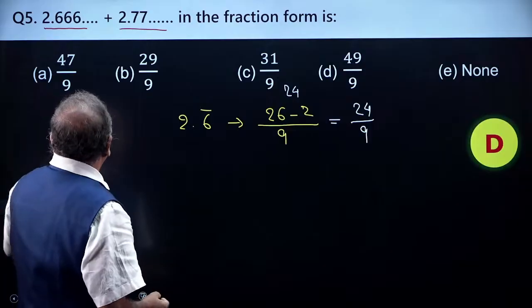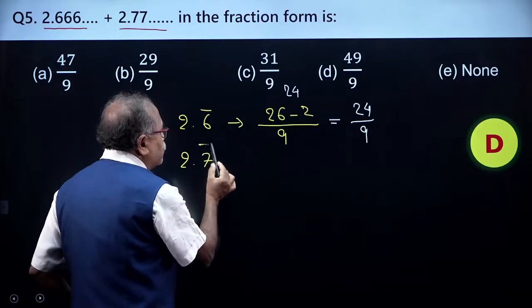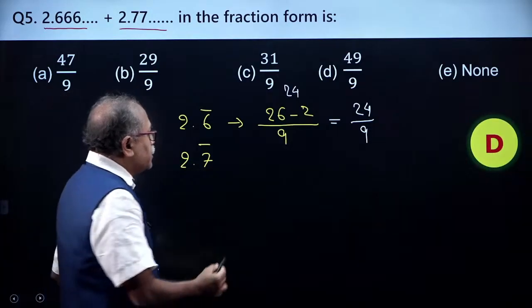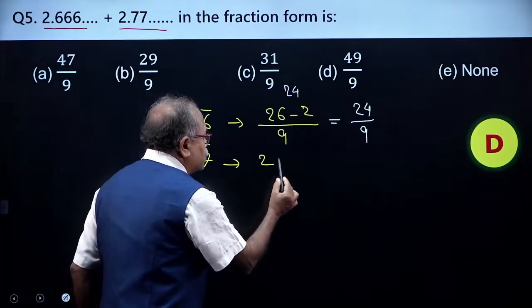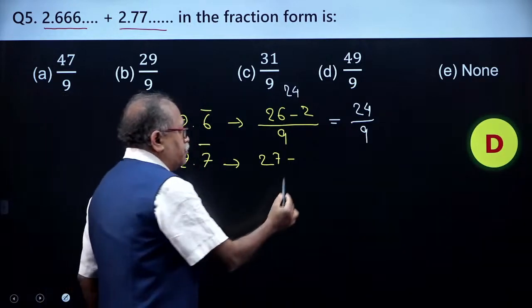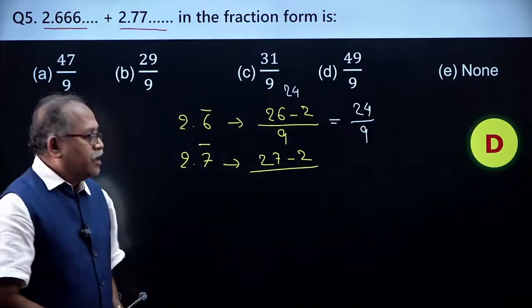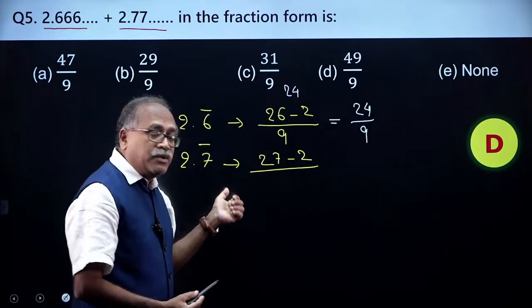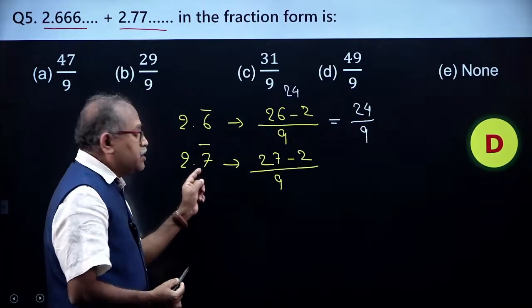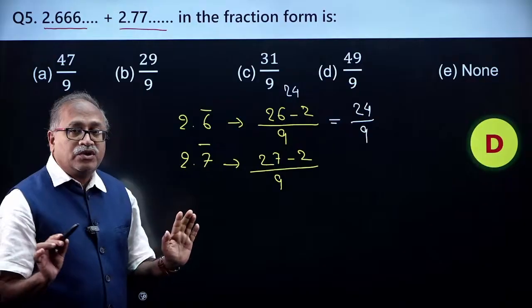Now here I will go with this number, that is 2.7 bar, no need of writing, just for the explanation point of view. So I will be writing the whole number that is 27 and minus the number without the bar, which is 2, whether it is after the decimal or before decimal. And under the bar 1 digit is there, therefore 9, and after decimal there is no number without the bar, therefore no 0 will be there.